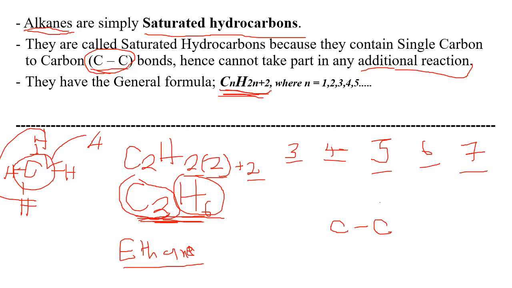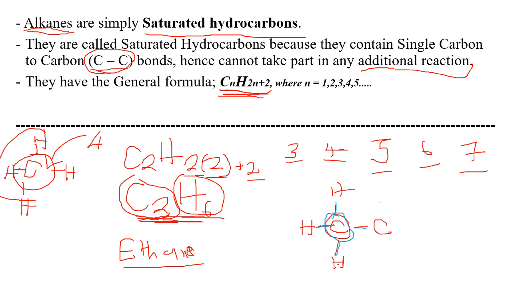Since it has 6 hydrogens, let's draw 1, 2, 3, like that. Okay, so this carbon here is filled up, because why is it filled up? It has all the 4 bonds it requires. Its valency is filled up, all the electrons are filled up.